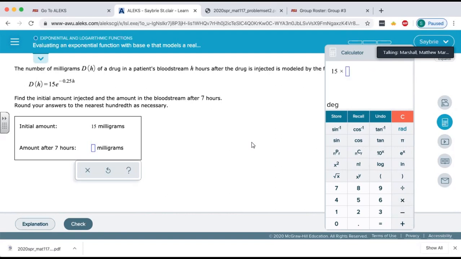It's going to be times 7, if you could do that. There you go. 7. All you gotta do is there you go. So rounded to the nearest hundredth, yep, 2.61, that's right.